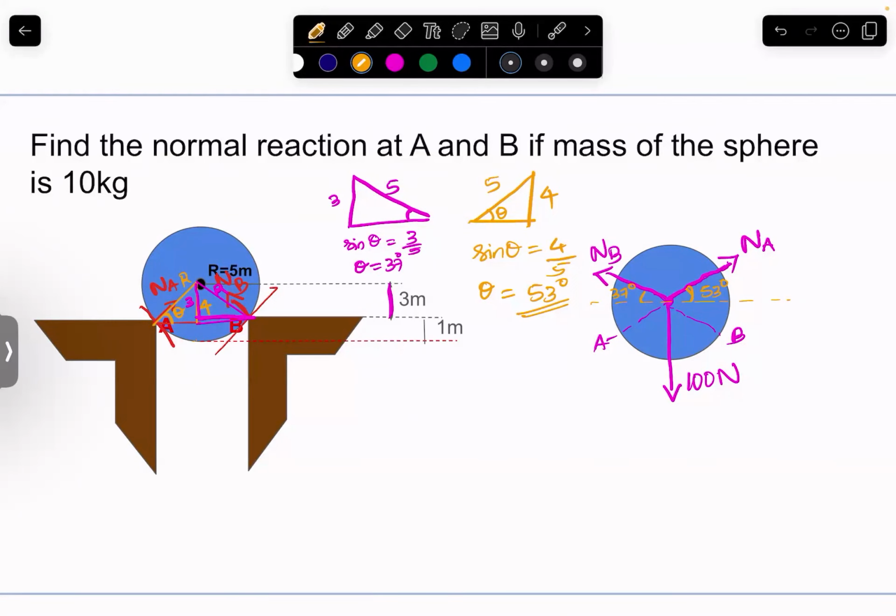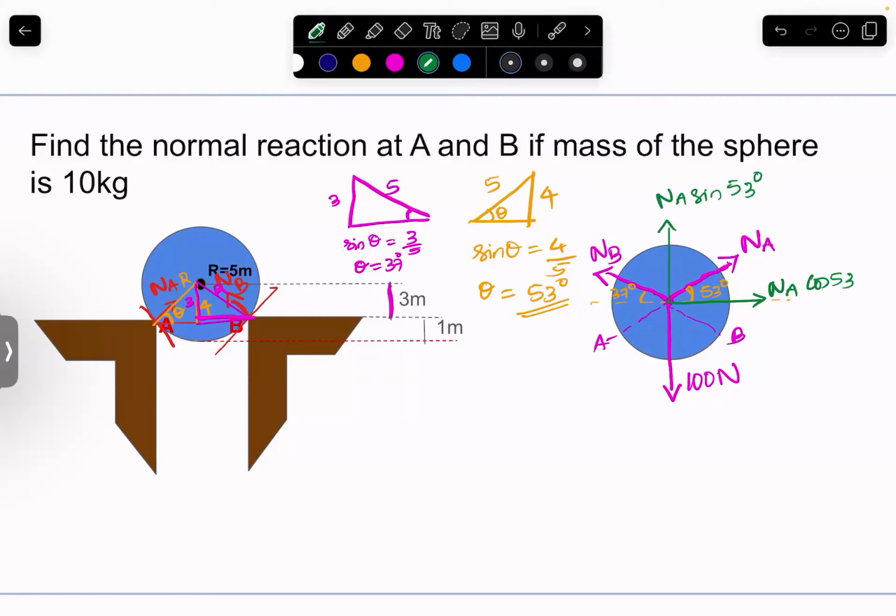So now we have to resolve this into its components. So NA, if you are resolving into horizontal and vertical components, it is NA cos 53 and NA sine 53.